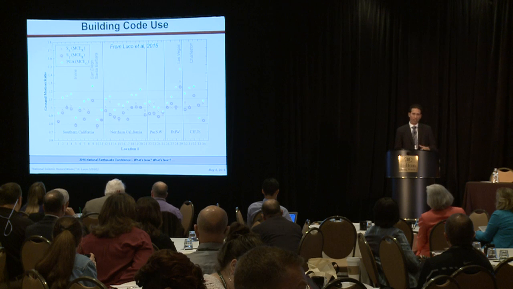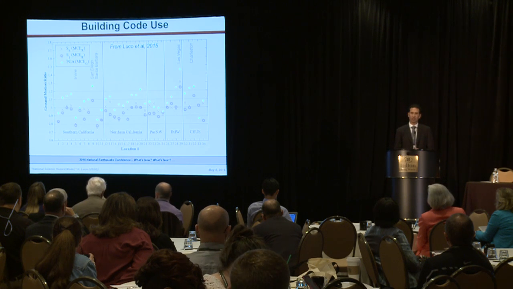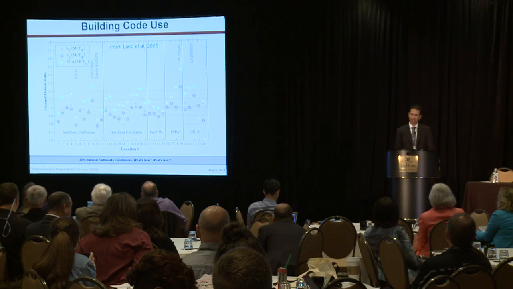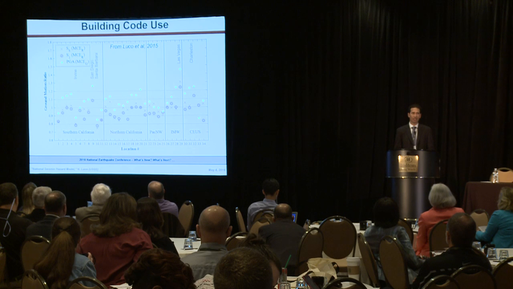And then on the y-axis, I'm just showing the ratio of the mapped ground motion value that comes from the new model, the 2014 model, divided by the mapped ground motion that was derived for building codes from the 2008 USGS hazard model. And then there are some dashed lines there that show plus or minus 10% and 20% increases.